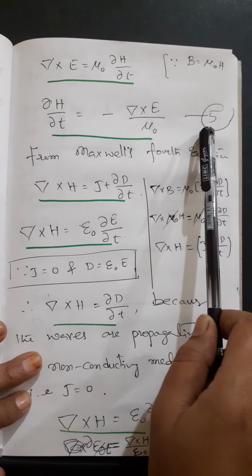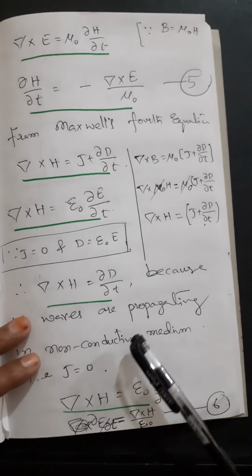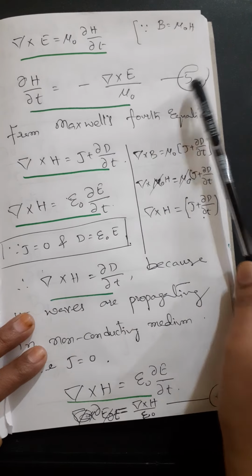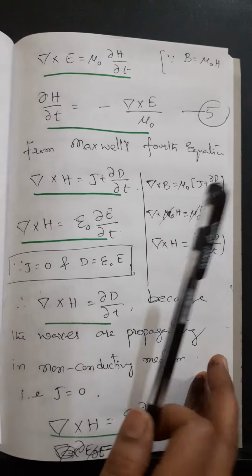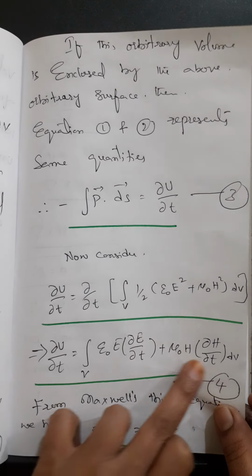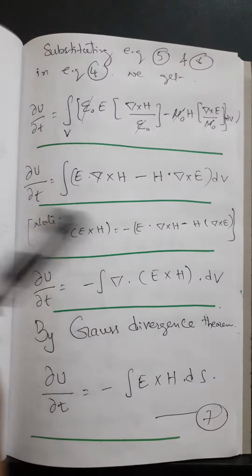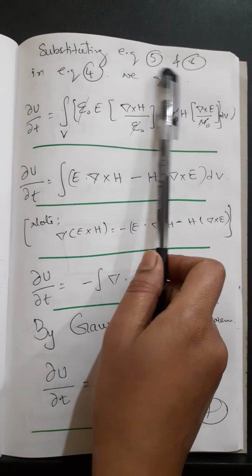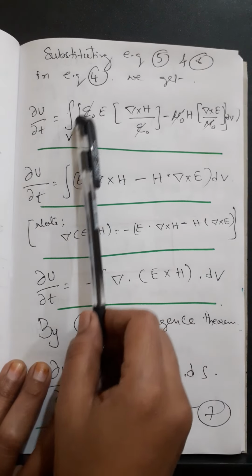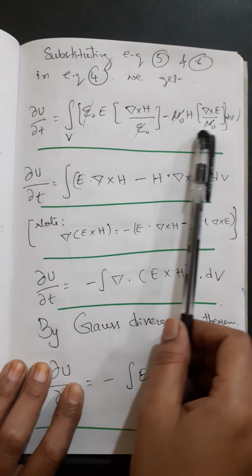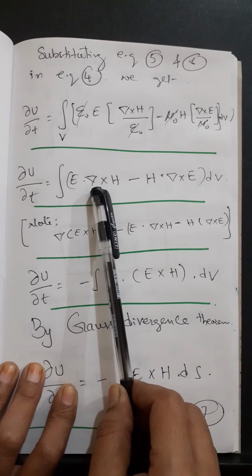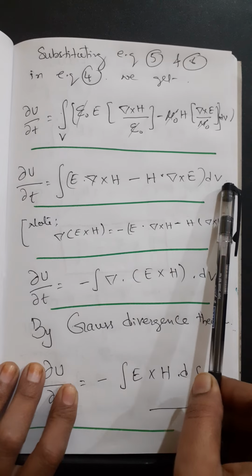Now equation 5 gives ∂H/∂t and equation 6 gives ∂E/∂t. Substituting equations 5 and 6 in equation 4, ε₀ gets cancelled and μ₀ gets cancelled, and we get ∂U/∂t equal to the integral of (E · del cross H minus H · del cross E) dV.